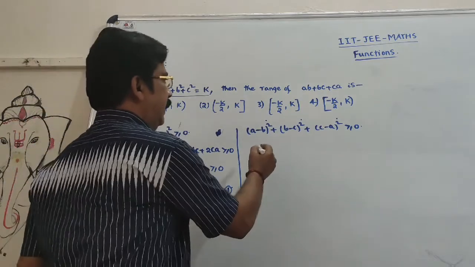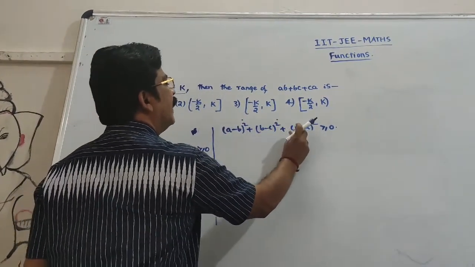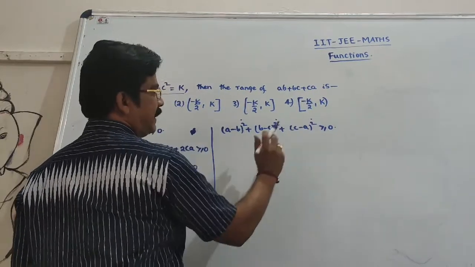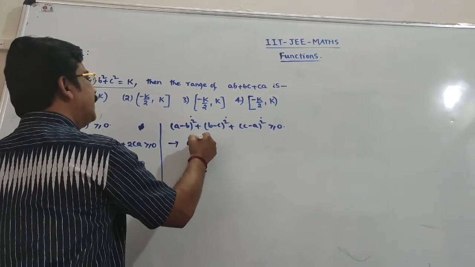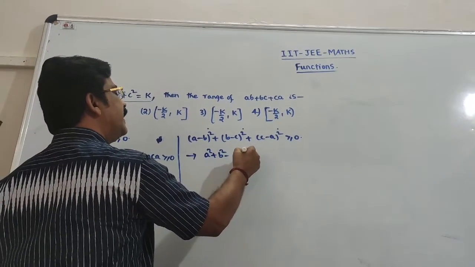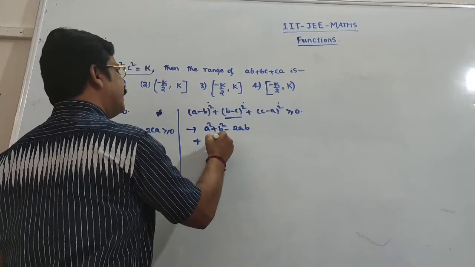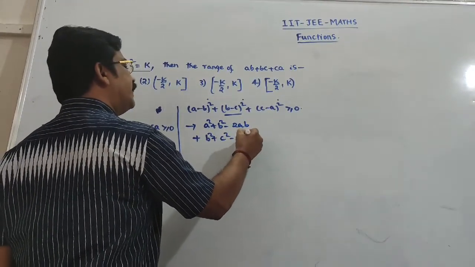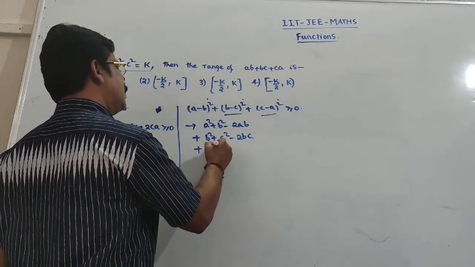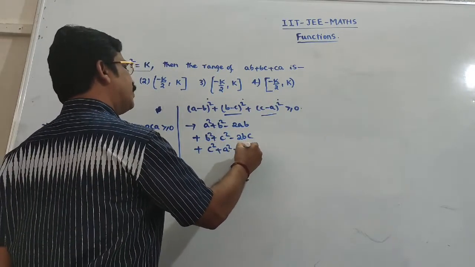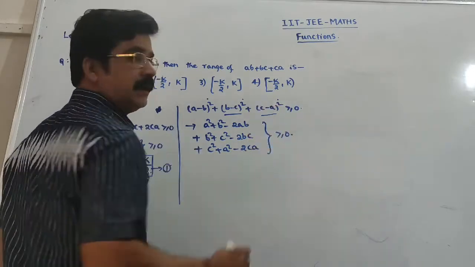And come here. The other condition: a minus b whole square plus b minus c whole square plus c minus a whole square is greater than or equal to 0. So that implies, open the brackets: a square plus b square minus 2ab, plus b square plus c square minus 2bc, plus next one, c square plus a square minus 2ca. So this sum is greater than or equal to 0.